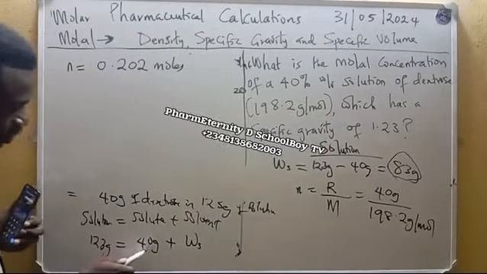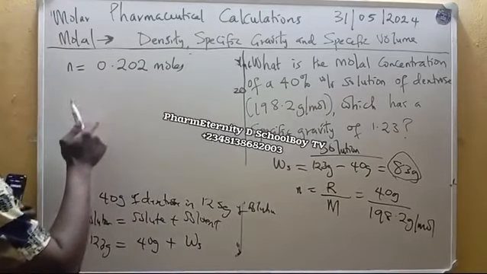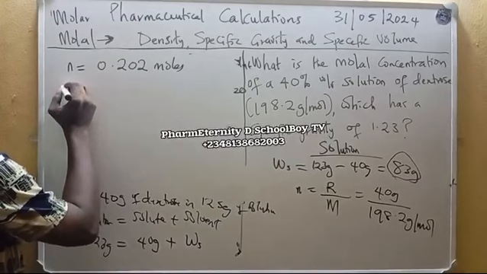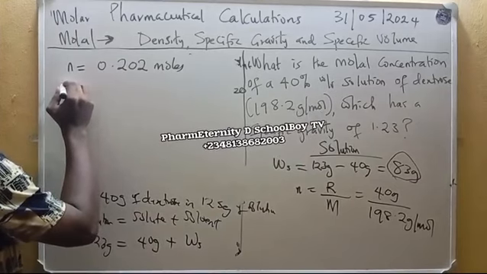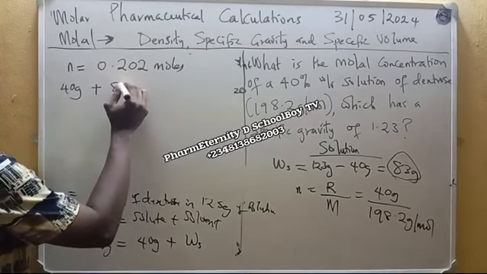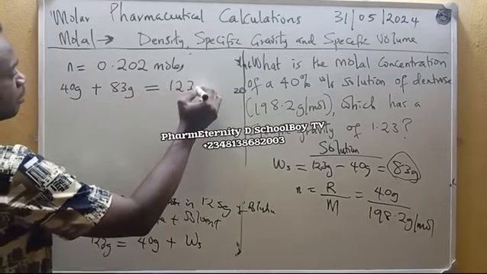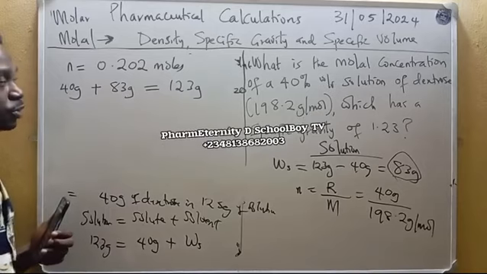By dissolving 40, we have gotten this to be what? Okay, let me write it out here. 40 grams of dextrose plus 83 grams of water give us 123 grams of dextrose solution.